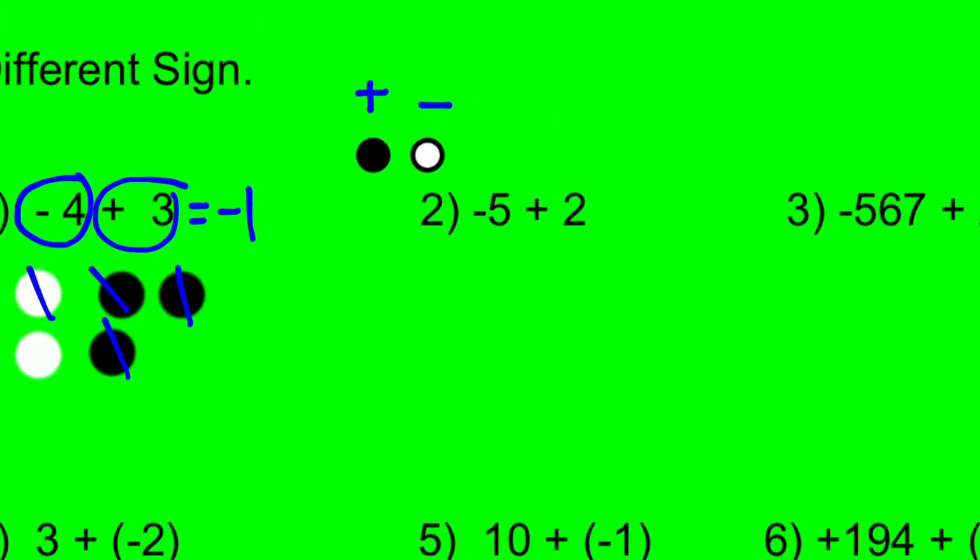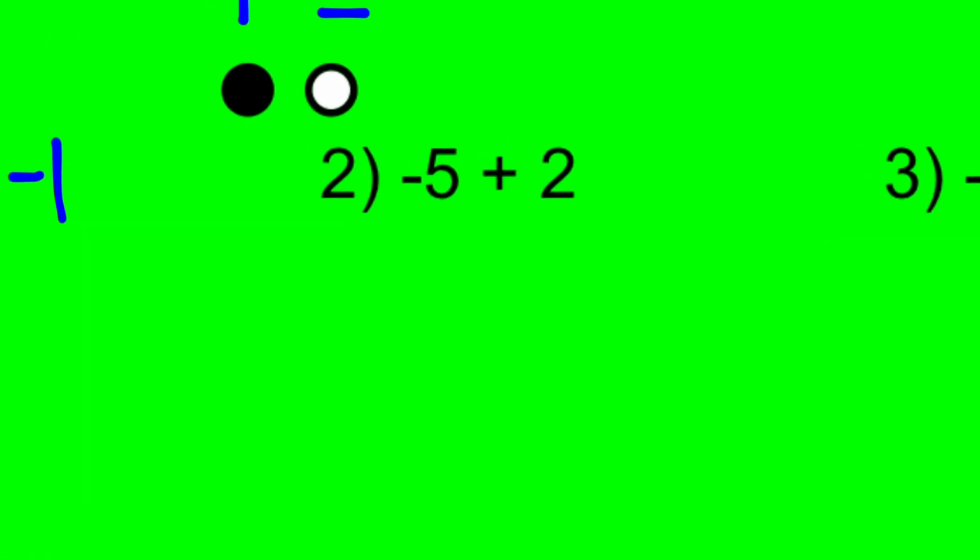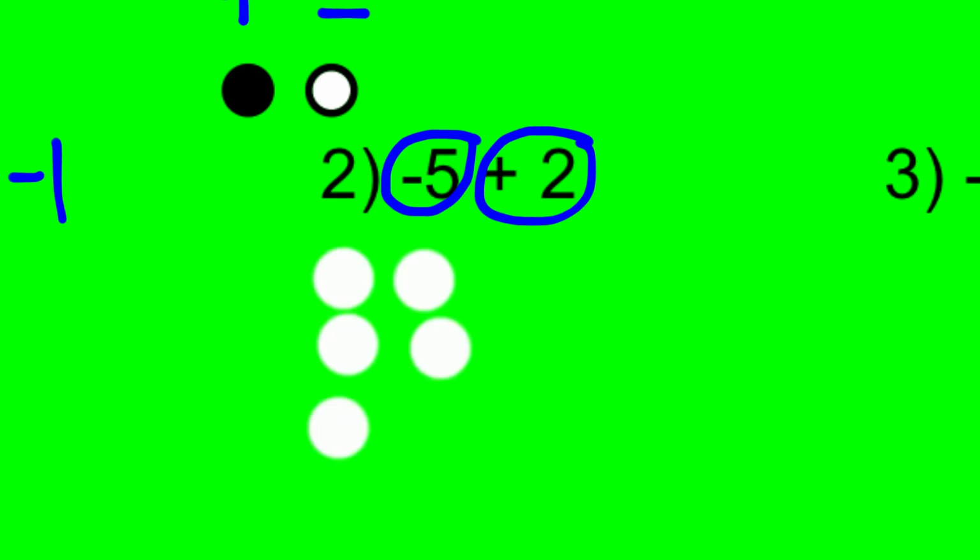So if we were to go to this one then, I'll just model this one out because we have the time. We have 5 negatives, 2 positives. So if I was to model that out, 5 negatives would be doink, doink, doink, doink, doink.